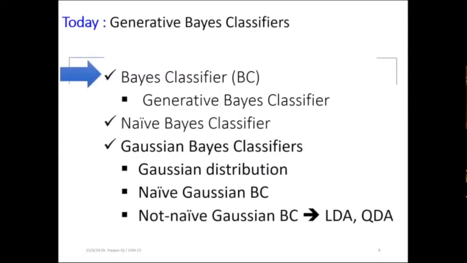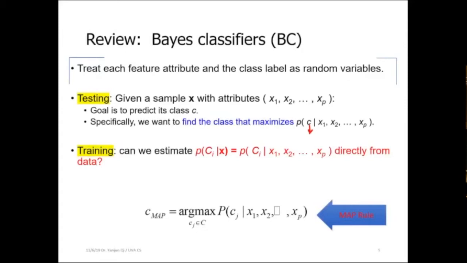Again, we're in the Bayes classifier, where you use probabilistic models to perform classification through the MAP rule. Those types of classifiers all fall under the umbrella of Bayes classifier. Just a little bit of review, because we already covered this. The Bayes classifier uses the MAP rule, maximum a posteriori rule, to perform classification. The most important thing is you have to be able to estimate P(C | x).